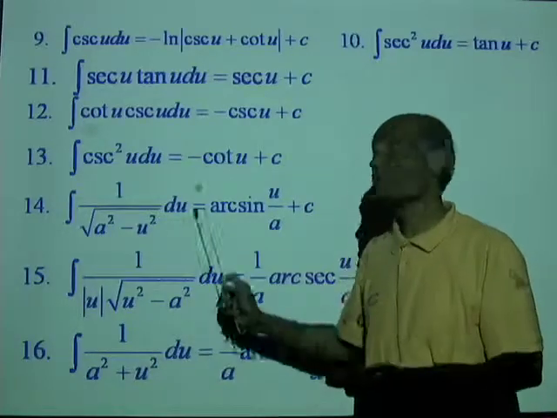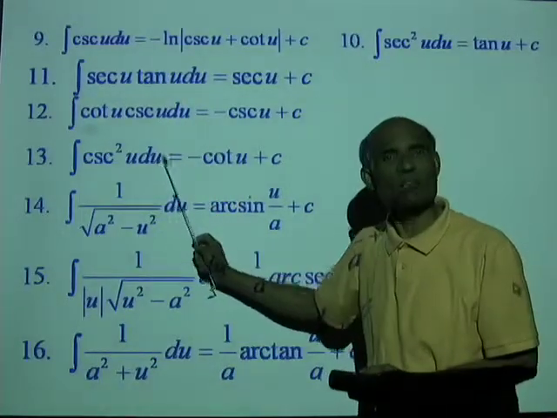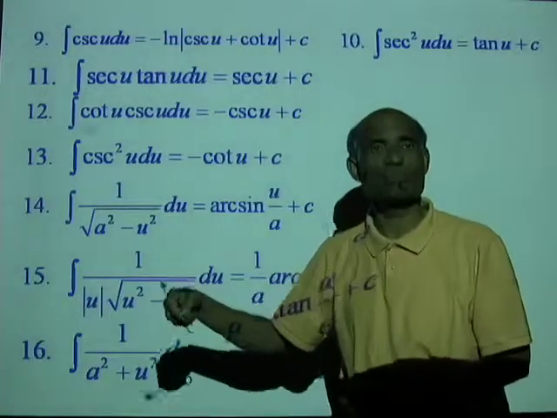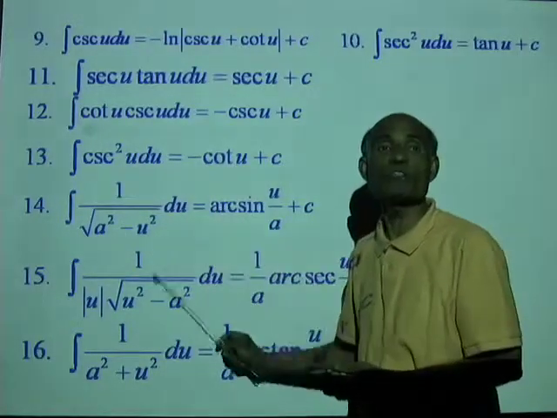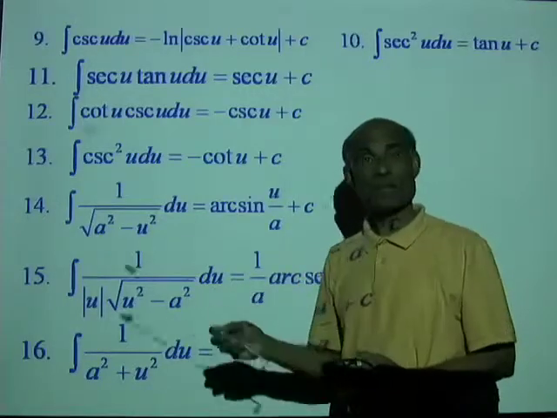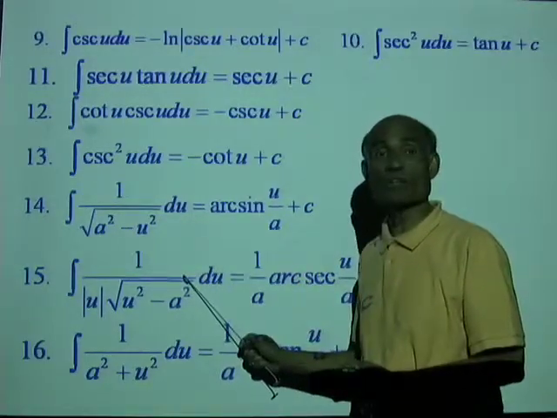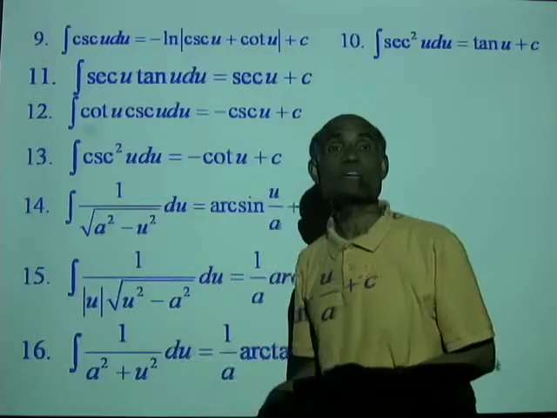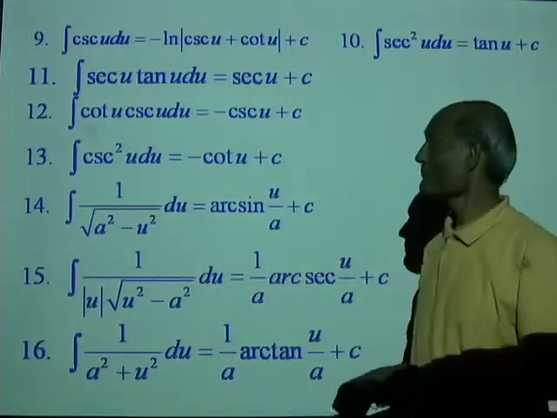What you need to do is really learn these by writing them down. Write them down several times so that all these integrals become part of your general vocabulary. Now we will be using all these in doing the integrations in the next few lessons. Alright.